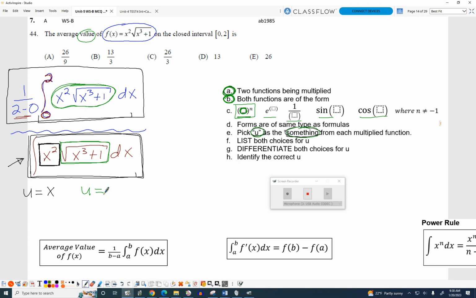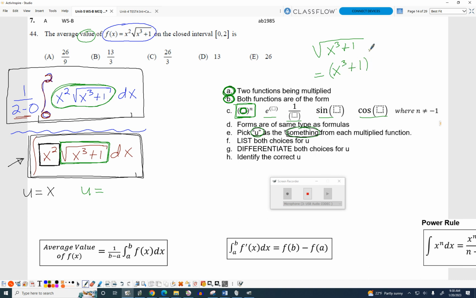Are you okay that this green formula fits this pattern? Kind of. It's easier to see if we rewrite it. So the square root of x cubed plus 1, 2 points for Lexi, is the same thing as x cubed plus 1 to the 1/2.